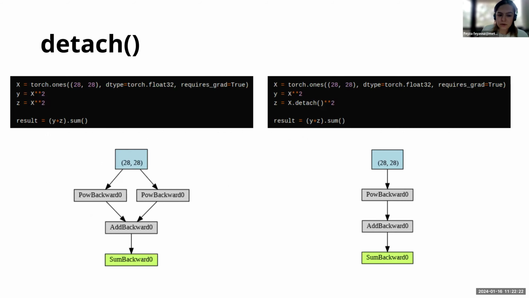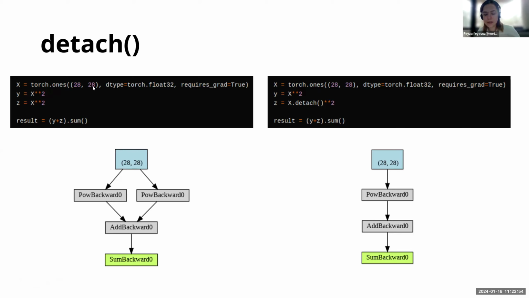On the left side, we have the same function without detach, and on the right side we have it with detach. Let's say we have a tensor x which requires grad, and the y and z values are x to the power of 2, and our result is defined as y plus z and the overall sum, since we have a 28 times 28 matrix.